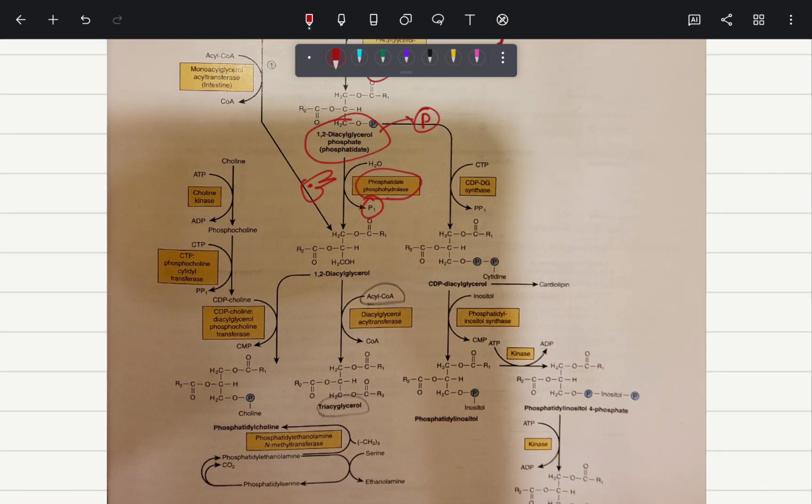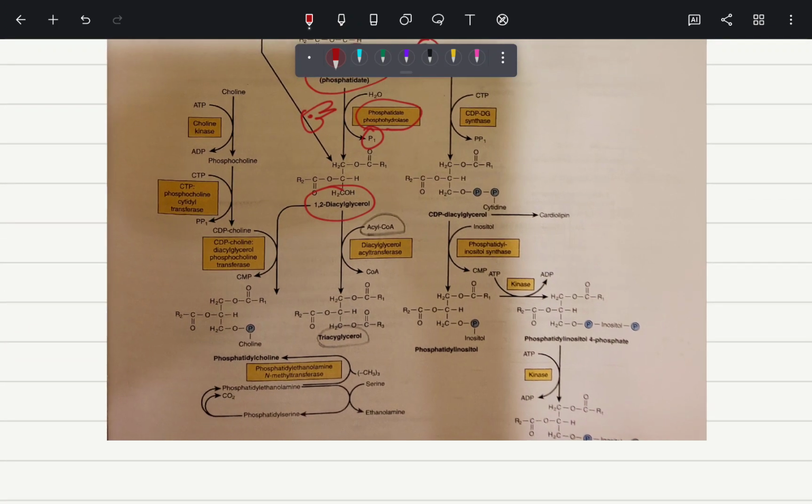Okay, which will remove the phosphate at the third carbon, and the only thing that is left over is your acyl groups at carbon number 1 and 2, which is known as your 1,2-diacylglycerol or diacylglycerol. Eventually to this 1,2-diacylglycerol we are going to donate an acyl group again by the enzyme diacylglycerol acyltransferase, and there will be formation of your triacylglycerol.